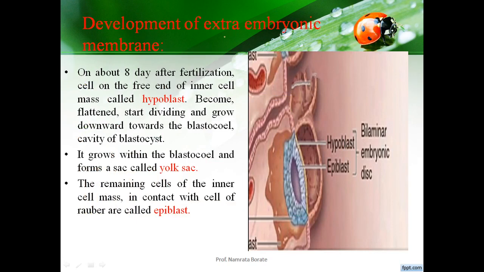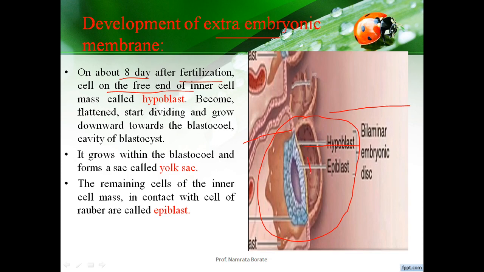So what about the development of the extraembryonic membrane? On about the 8th day after fertilization, the cells of the free end, this one is the free end and this one is the endometrial region, and this region is the embryo. The cells of the free end of the innermost cell, that is the hypoblast cells, become flat-ended.